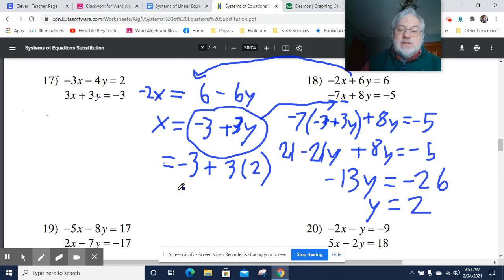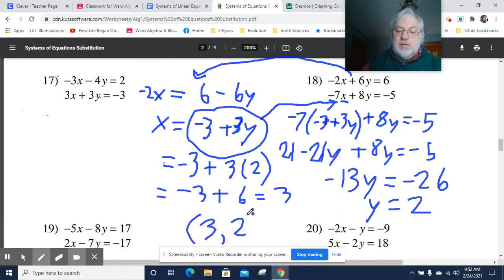And so that's negative 3. That's 6. Negative 3 plus 6 is going to equal positive 3. So I have a solution: x is positive 3, y is 2.